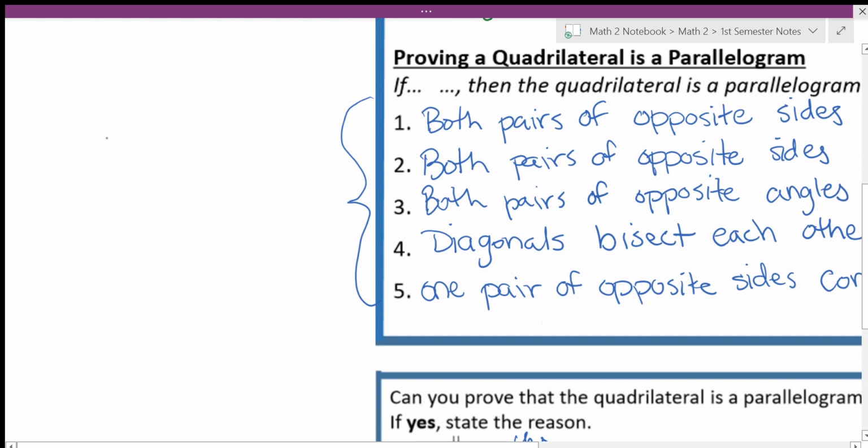Okay, so let's identify that these are reasons we can use to prove quadrilaterals are parallelograms.